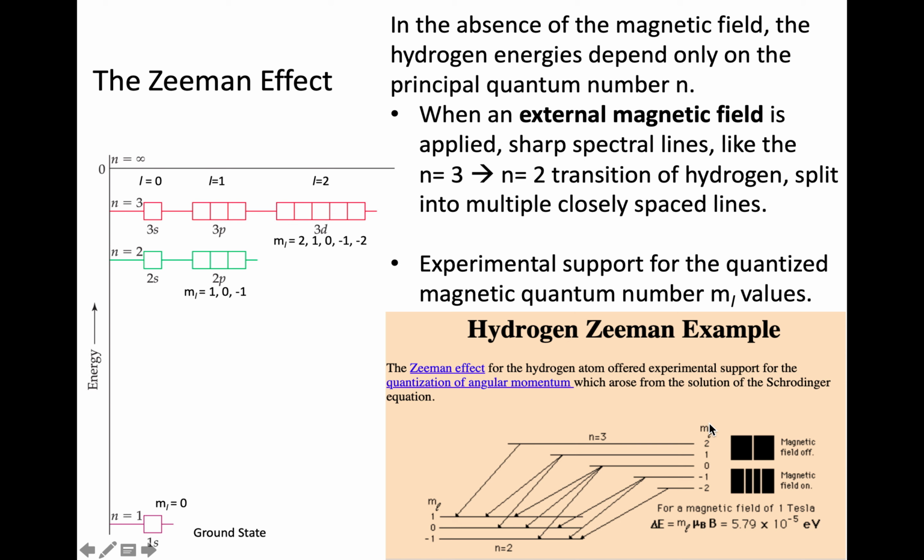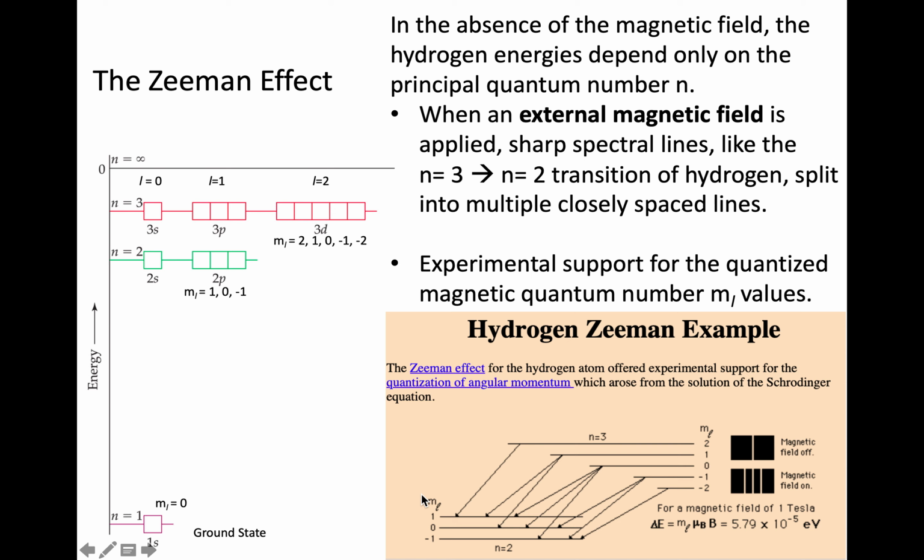So what I'm saying is that you can have a single transition that now appears to be split out in that symmetric manner. This is what's called the Zeeman effect. And that's why we have M sub L be the magnetic quantum number. It corresponds to the change in the spectra when we're doing the experiment now in an applied magnetic field.